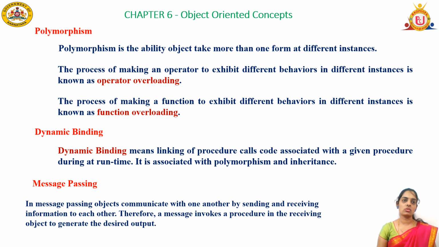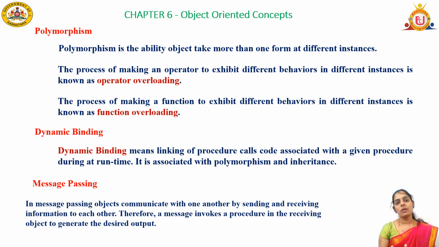Let's see what operator overloading is. The process of making an operator exhibit different behaviors in different instances is known as operator overloading. Let me consider the example of the plus operator. When I consider two numbers and the operator plus, it is going to add them and give the result.